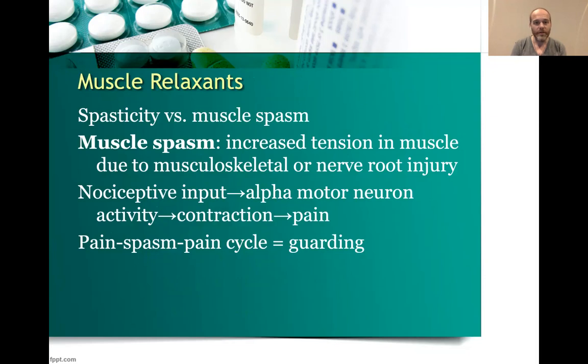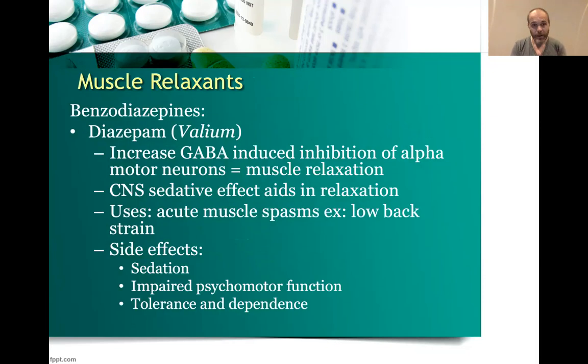Here's your chart slide for your information. Other muscle relaxants: benzodiazepines, like we already talked about Valium, really a psychiatric medication. It does cause muscle relaxation because it inhibits the alpha motor neurons, but it causes a lot of CNS depression and sedation.